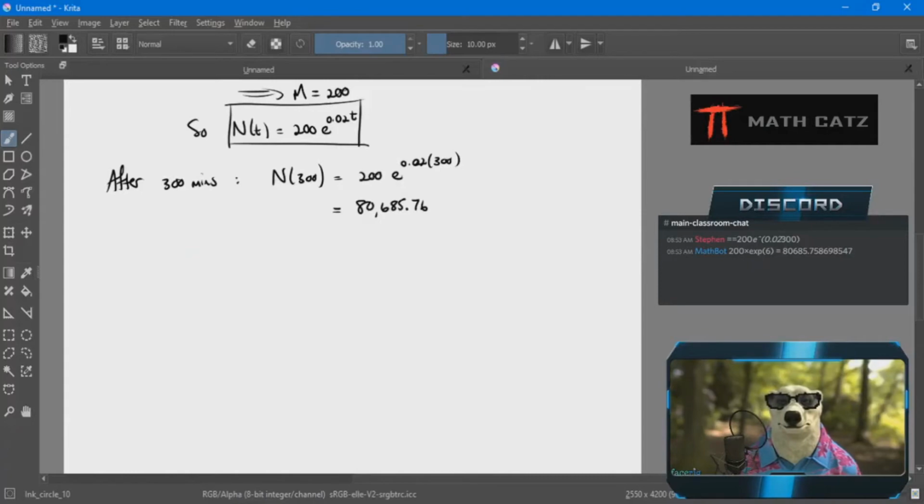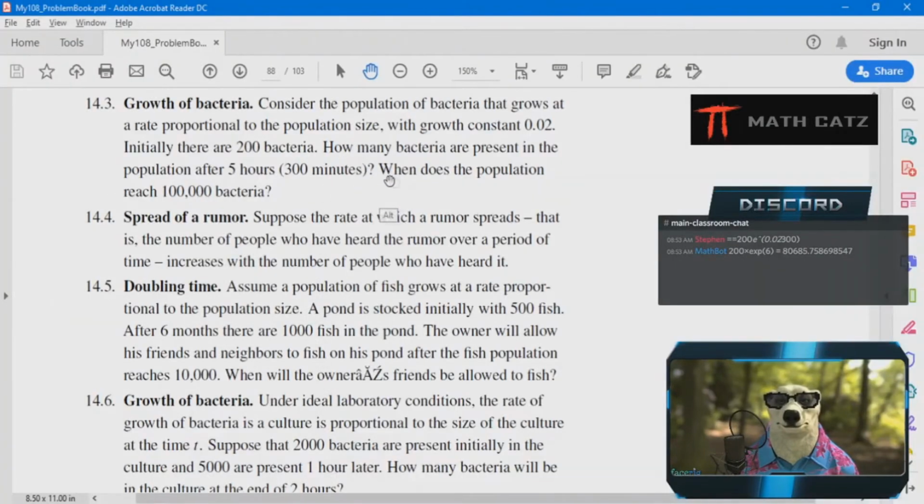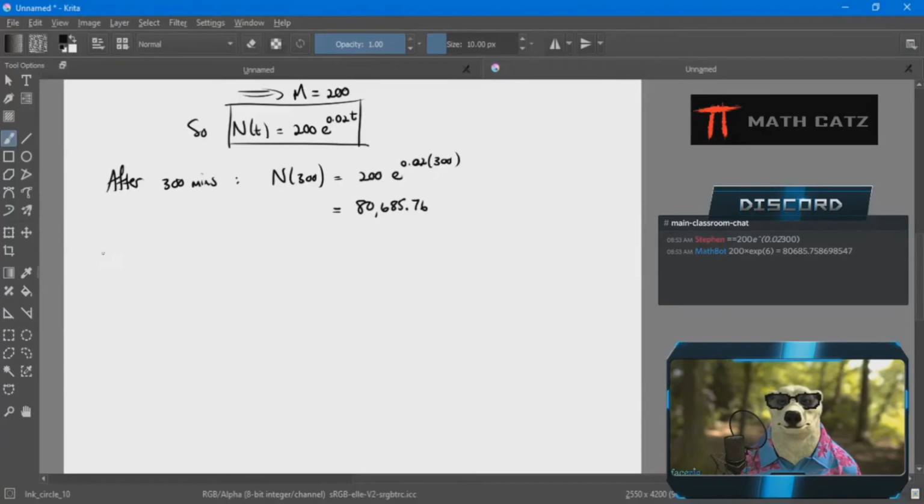And the other question is, given a target population size, when does that happen? So I still use my function. So if I get a target of n equaling 100,000, then I simply plug in 100,000 for n and solve for t.